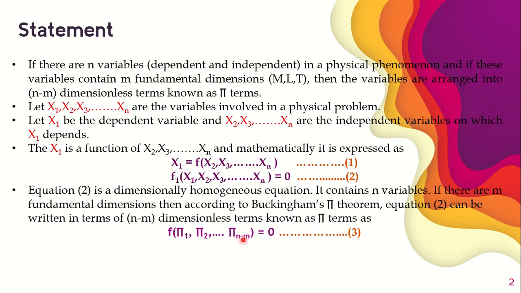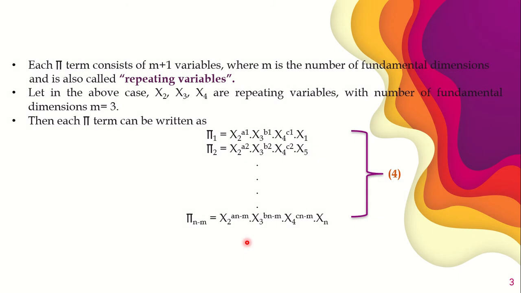You wrote n minus m, means there are n variables, there are m fundamental dimensions, so n minus m pi terms are there. So till equation 3 you got how many pi terms are involved in the phenomenon, but you don't know what each pi term should consist of. You just know the number of pi terms. You don't know the composition of each pi term. So that will be the next continuation in this theorem.